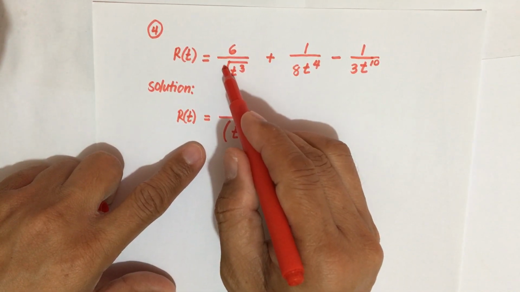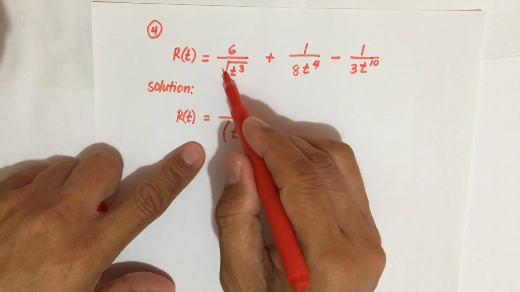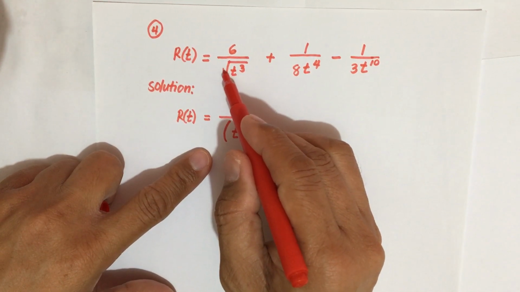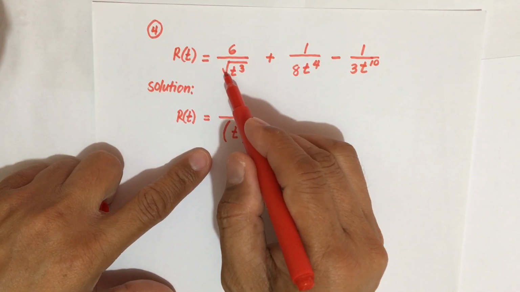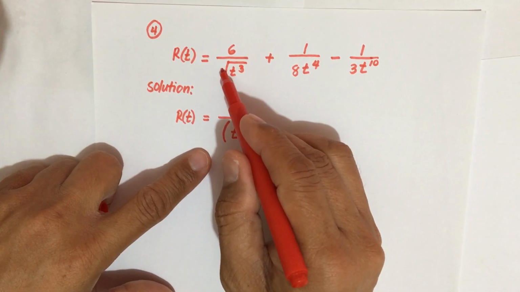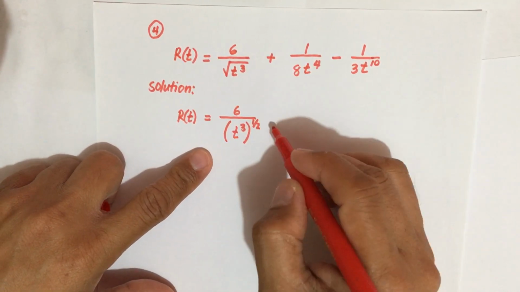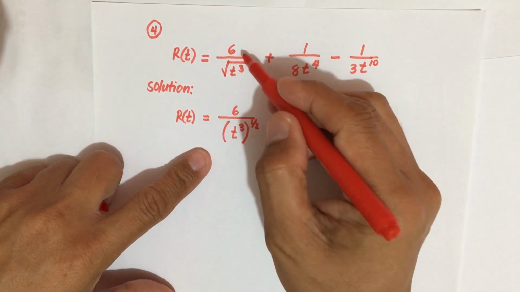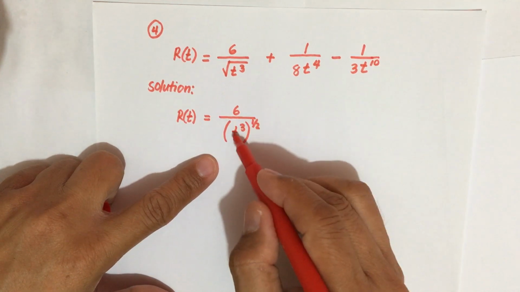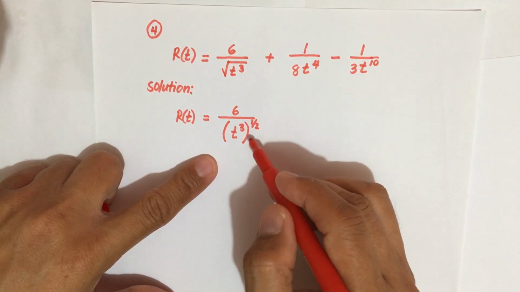So if this is square root, the index is 2, so when you translate that into an exponent, this will be 1/2. If this is 3, 1/3. If this is 4, 1/4, and so on and so forth. So we have expressed this as 6 divided by t cubed raised to the power 1 half.